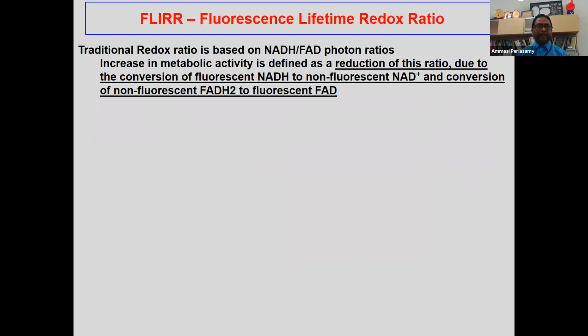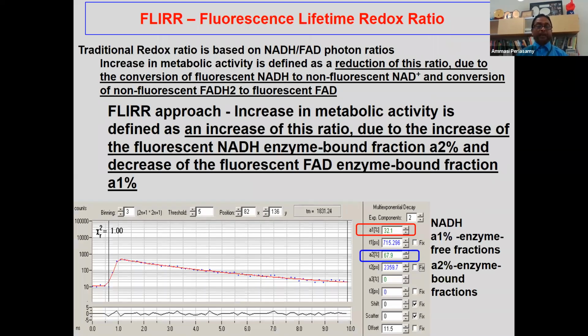Conventionally, many publications show that the redox ratio is calculated by intensity, ratioing the NADH signal over the FAD signal. What we used with this lifetime approach is the enzyme-bound NADH and the enzyme-bound FAD signal. If you fit the data, you will get A1%, A2%.